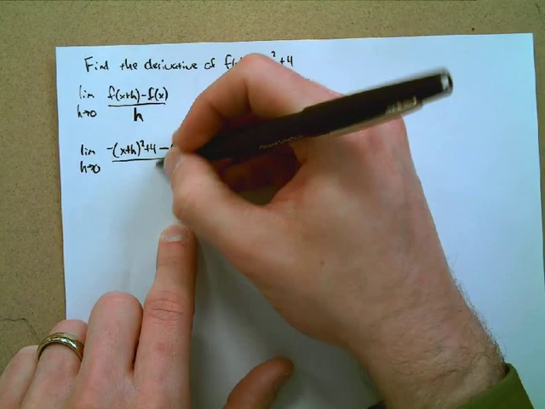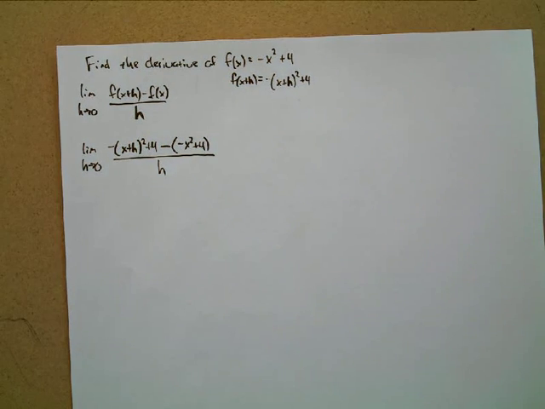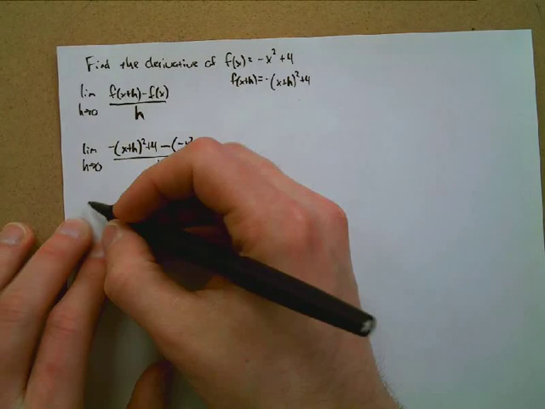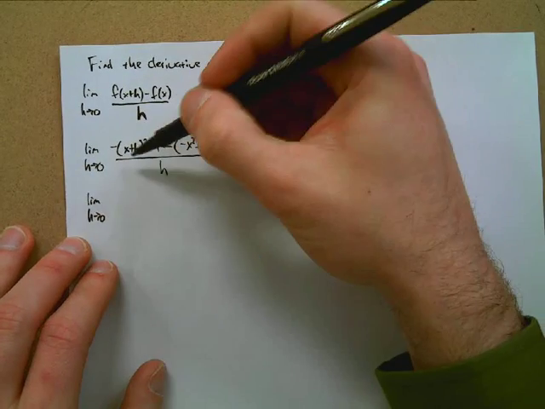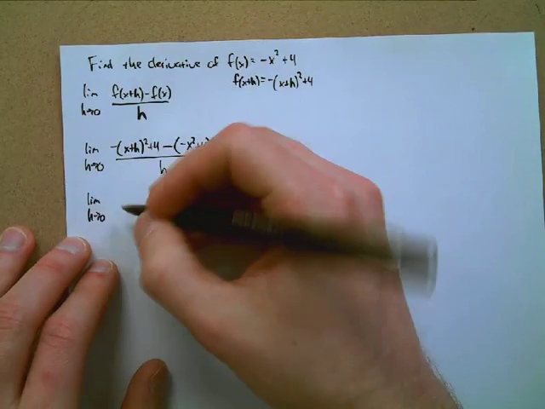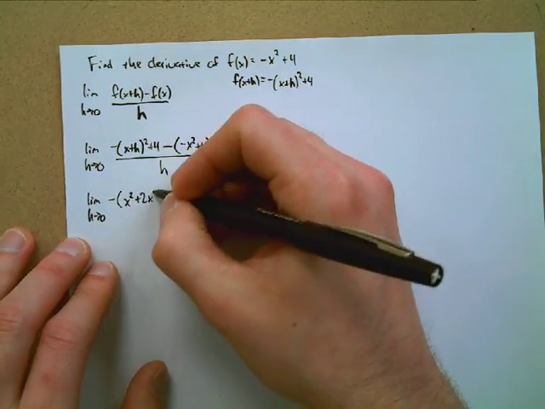All right. And again, just stop me if you get lost. We have to expand out this x plus h quantity squared. So, x plus h quantity squared is going to be x squared plus 2xh plus h squared. I'm also going to distribute the minus sign here in front of the parentheses, so it'll be plus x squared minus 4 all over h.